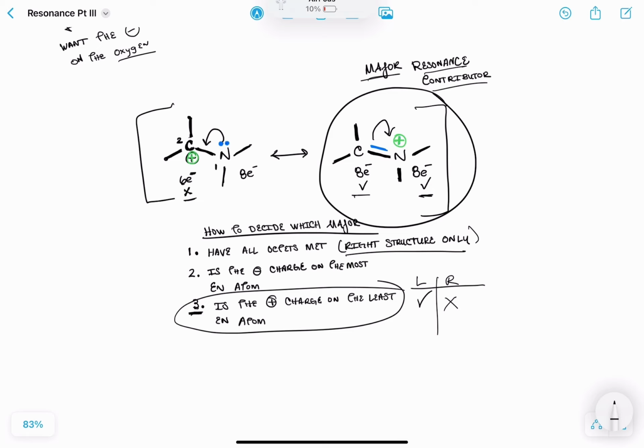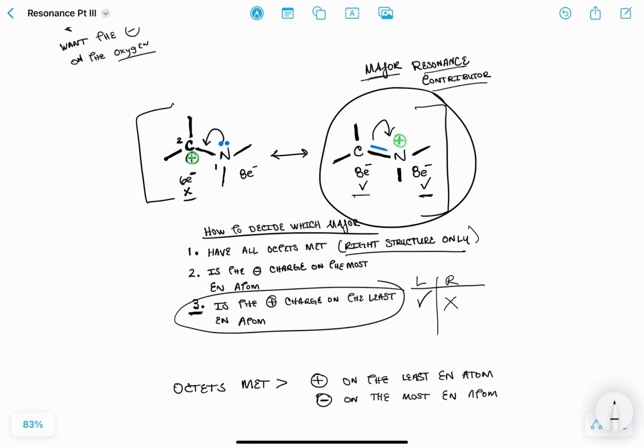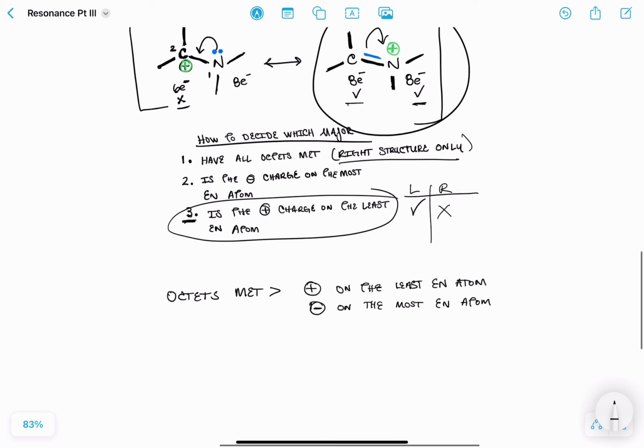And so the structure on the right is major because octets being met is more important than the positive charge on the least electronegative atom, and then also it is more important than the negative charge being on the most electronegative atom. Right, and so again, the right structure is major because all of the octets are satisfied.